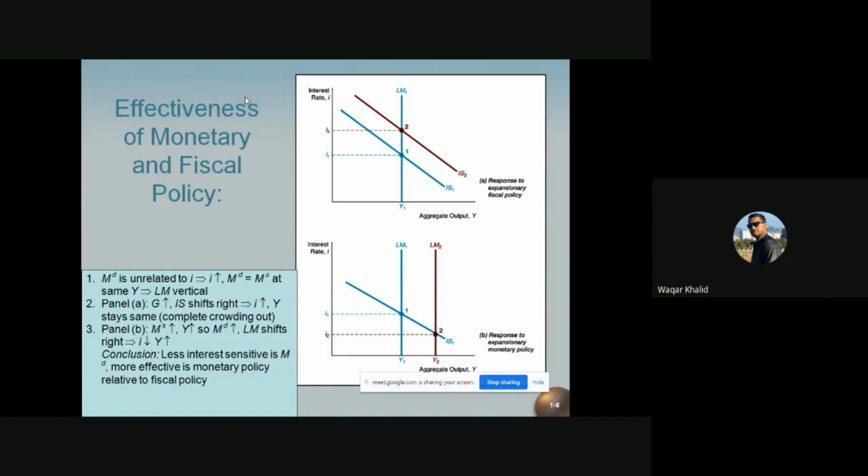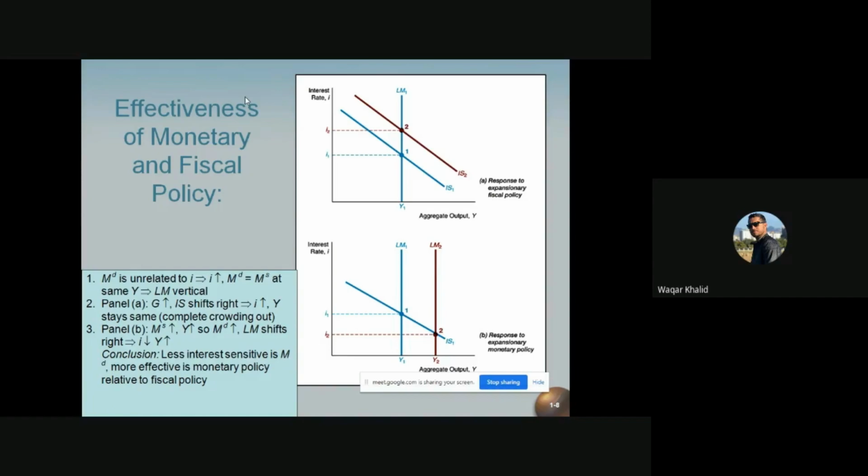So we can say that the increase in government expenditures is offset by a decrease in both investment spending and net exports. This is known as crowding out. So the increased government spending that results from expansionary fiscal policy has crowded out investment spending and net exports, which decrease because of the rise in the interest rate.